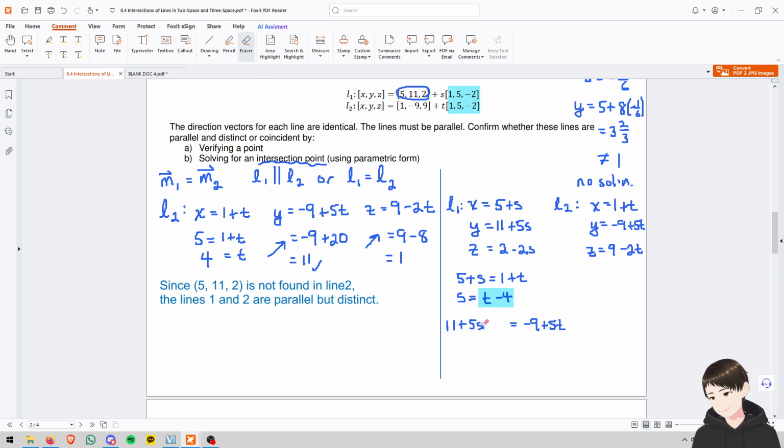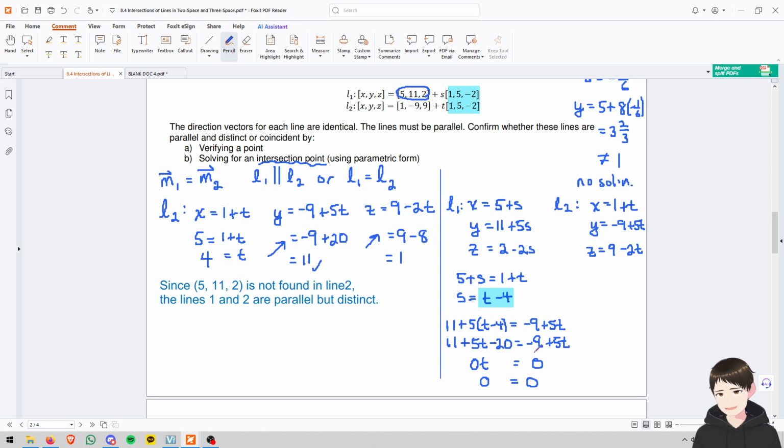I'm going to rewrite s as t minus 4. So we've got 11 plus 5 times (t minus 4), which is 11 plus 5t minus 20, equals negative 9 plus 5t. Let me rearrange. Interesting. If I subtract 5t from both sides, I actually get 0t, and then negative 9 equals negative 9. Add 9 to both sides, I get 0 equals 0.